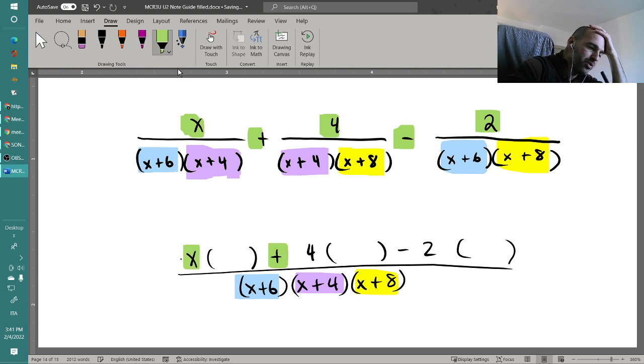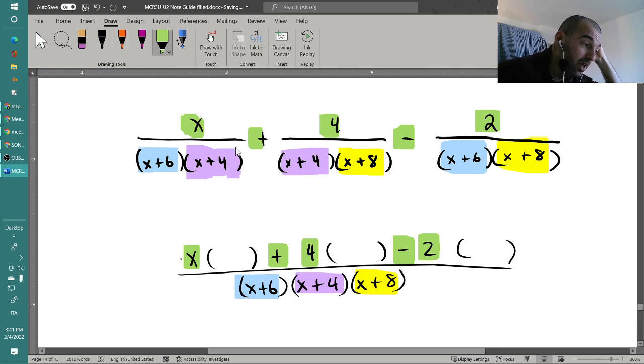So if you look closely, that's really just getting transferred down. The space is left there, remember, to multiply in the factor that is missing from the denominator. So I've got x plus 8 that was missing in the first fraction, and so therefore I have to write in the yellow x plus 8.